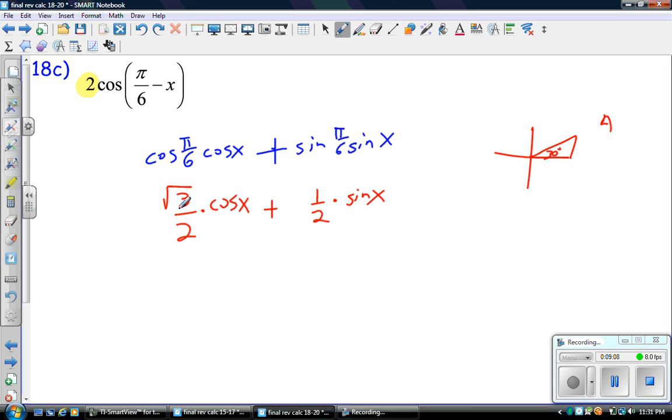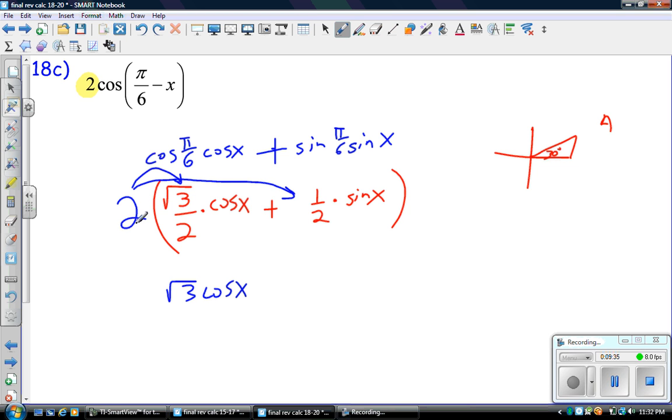Okay, so that's expanded out using the identity. Now I'm going to bring that 2 back in. So that 2 that we left to hang out there, bring it in, and I'm just going to distribute it. So 2 times, well, the 2's are going to cancel there. So you'll get root 3 cosine x.